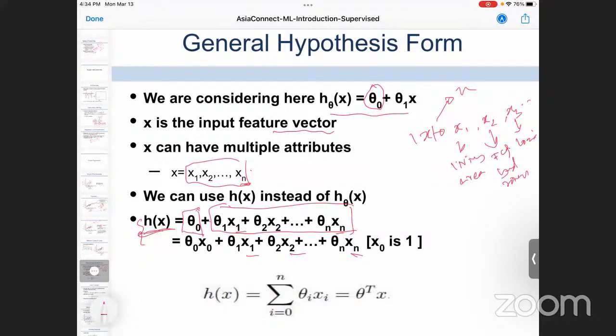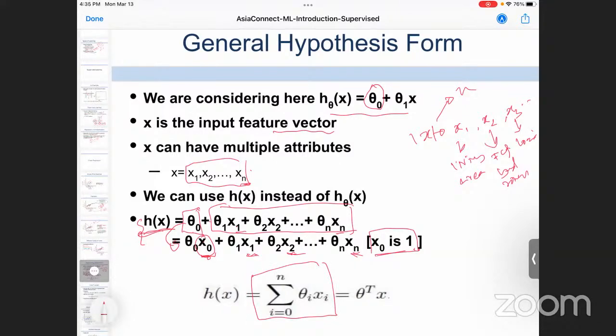Just to make it a general formula, we are adding here x0, where x0 equals 1. This is not a feature. This is just a constant. So these are the features, x1, x2, xn, and this is just a constant, x0, to make it a good formula. So this is now h(x).